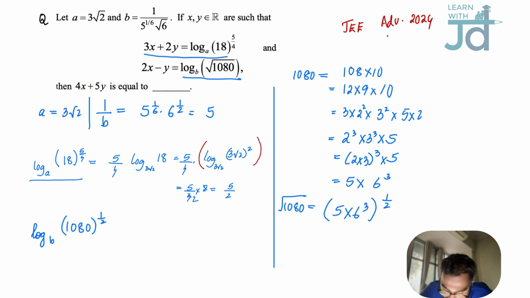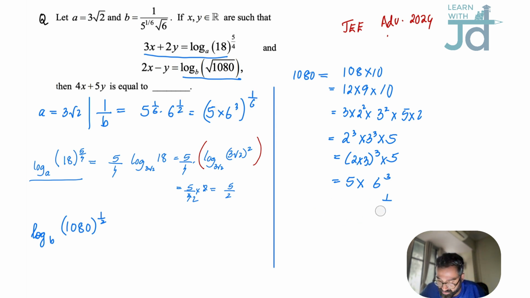So I can write it like this: 5 into 6 cube raised to 1 by 6. Just check again. 1 by 6 is there, and then 3 into 1 by 6 is giving you 1 by 2. So yeah, we are almost there.